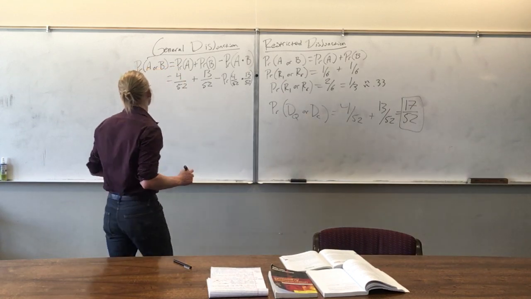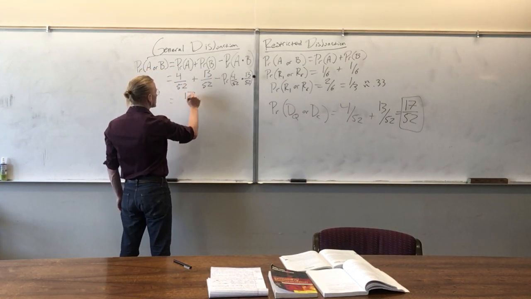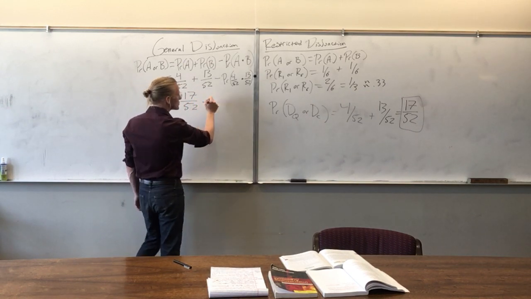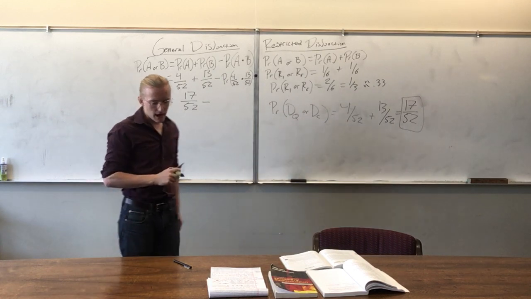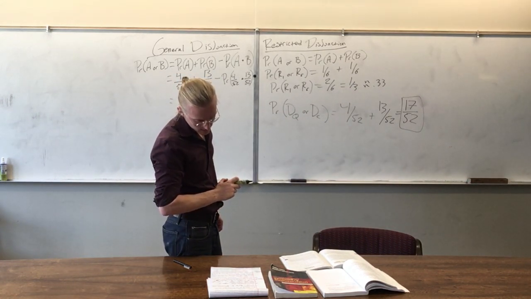So this half of the equation equals 17 over 52, and that will be subtracted by, did I write it down?